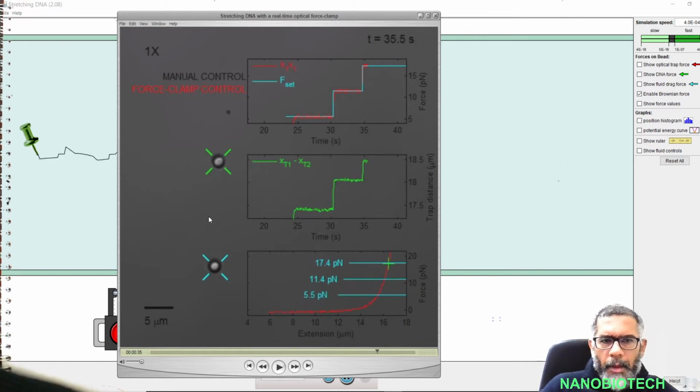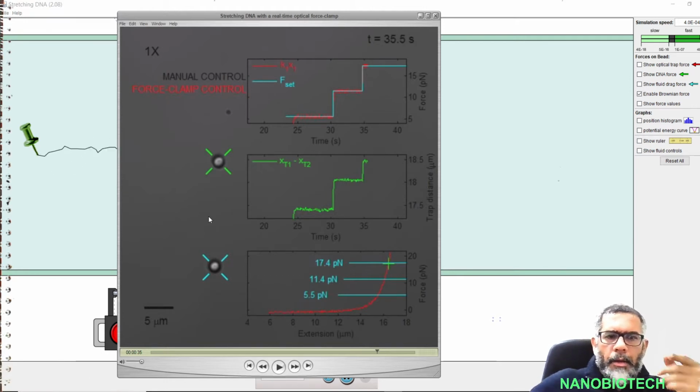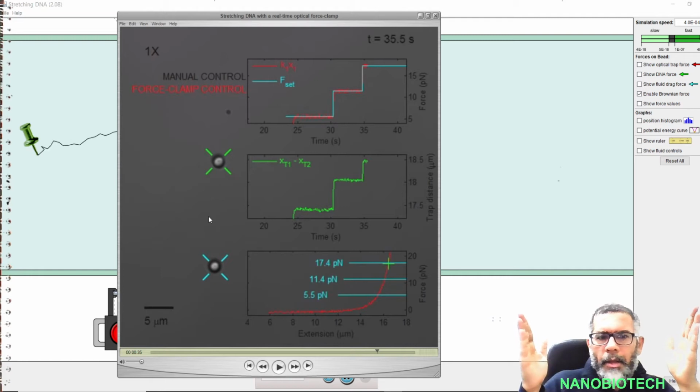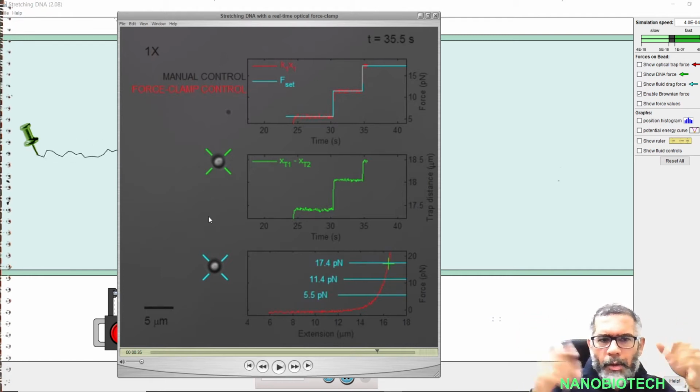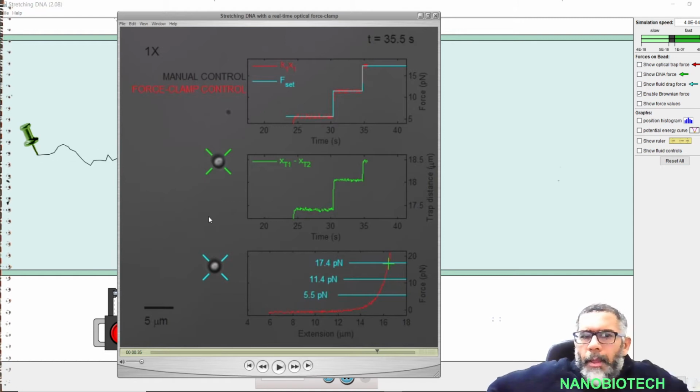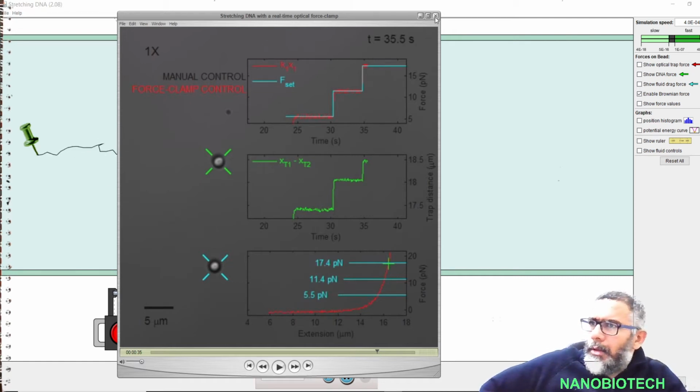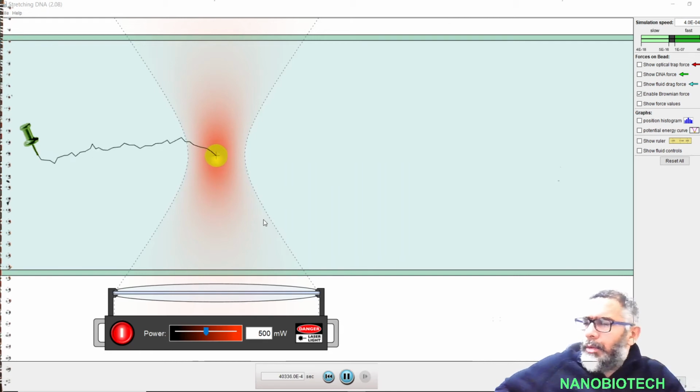Knowing the spring constant means knowing, if I apply this much force, how much the DNA will extend. So it gives you this information. Knowing the spring constant is very, very valuable.